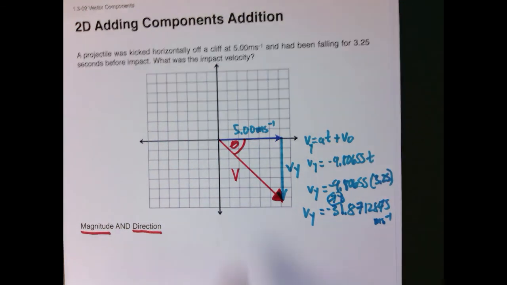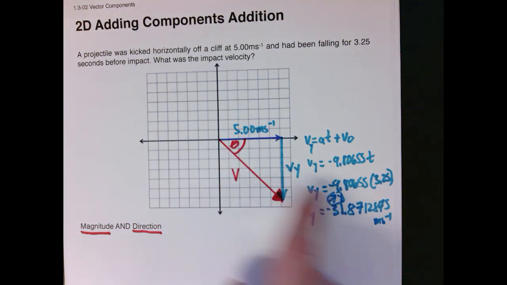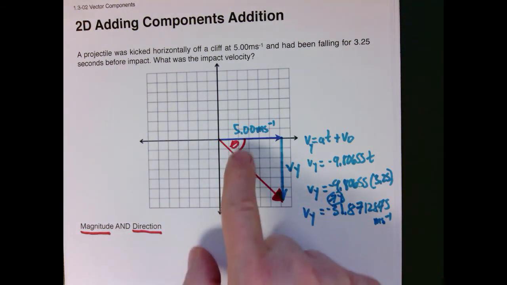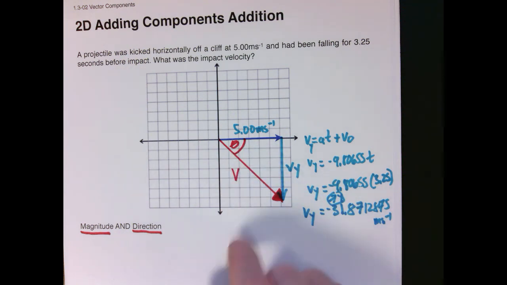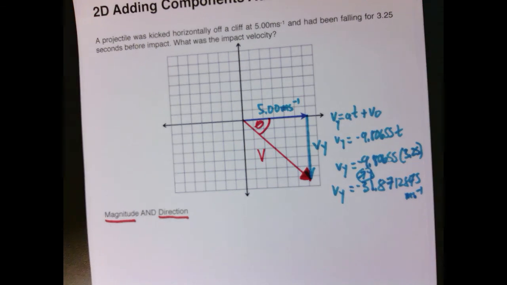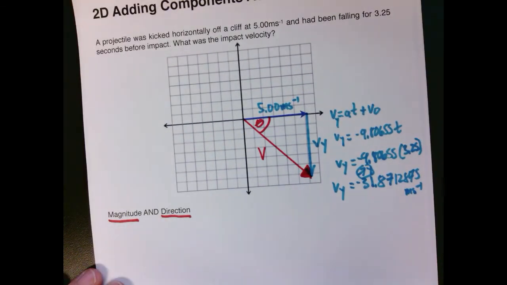So now you can see I know this side, and I know this side, and I need to find v, and I need to find theta. So I could do them in either order. Let me find v first. Perhaps the best would be the Pythagorean theorem to find that. So we have a squared plus b squared equals c squared.